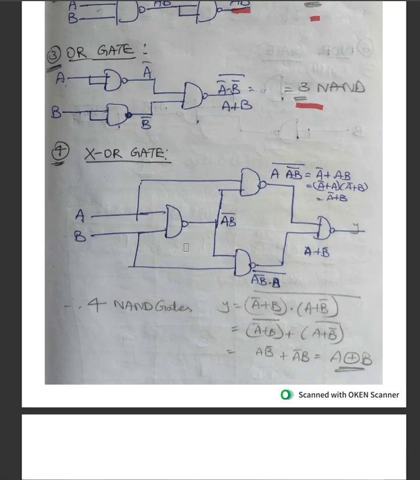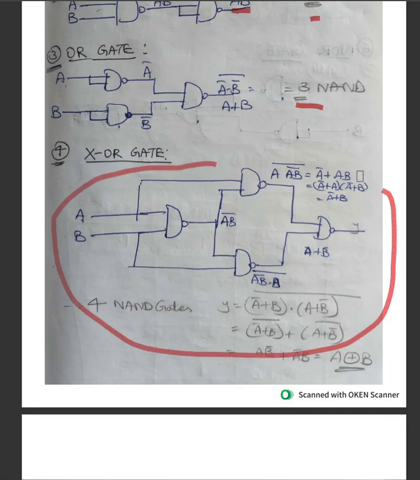Then for XOR, you cannot apply your basic logic. For XOR, you have to remember this whole diagram. You have to remember this structure at least, because it is very important. Whenever you are implementing an XOR, you will have to do it this way to have a smart and efficient design.